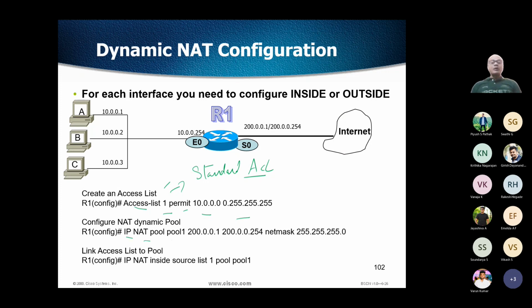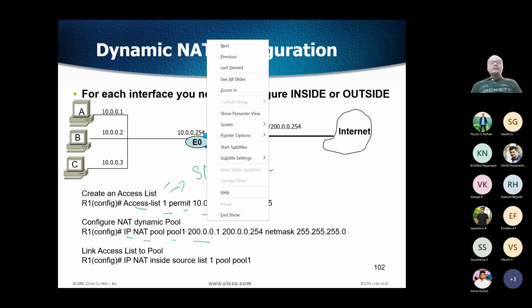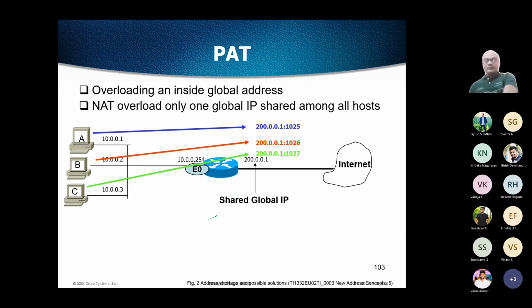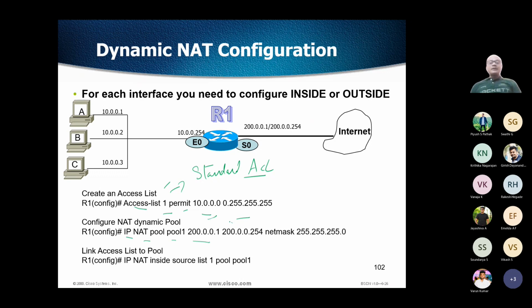The pool name is pool 1 with this range. 200.0.0.1 is your public IP, and 200.0.0.254, which means he has created a pool of network from 1 to 254.